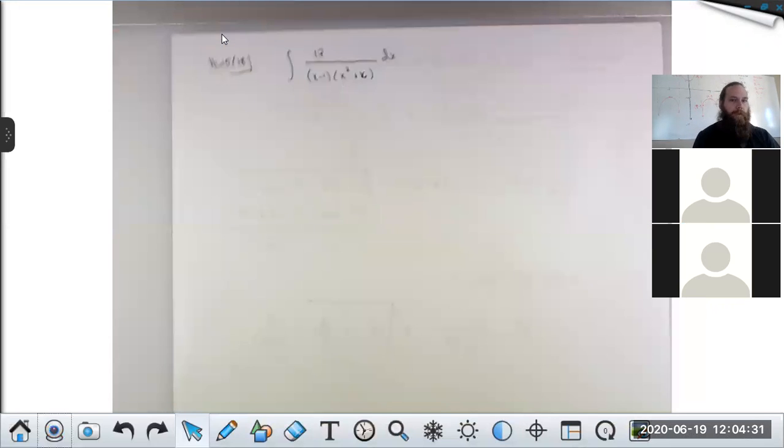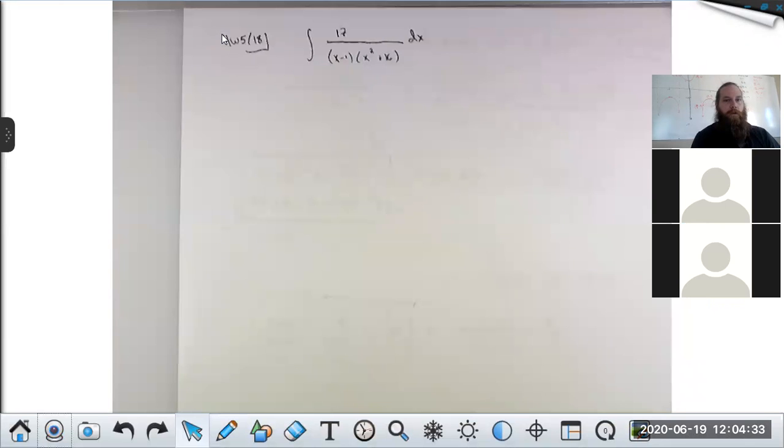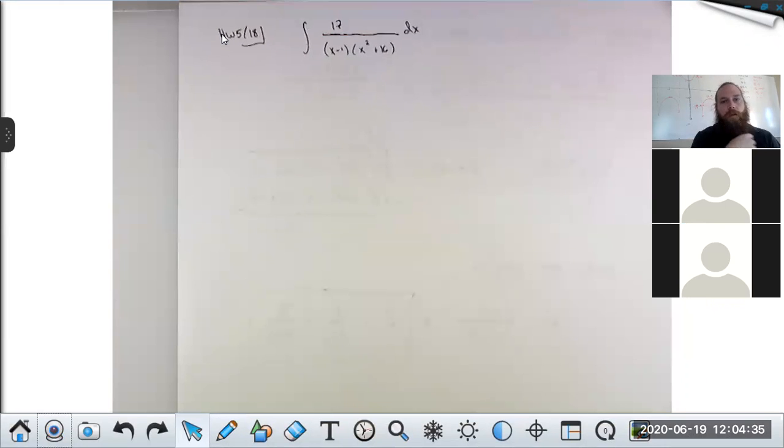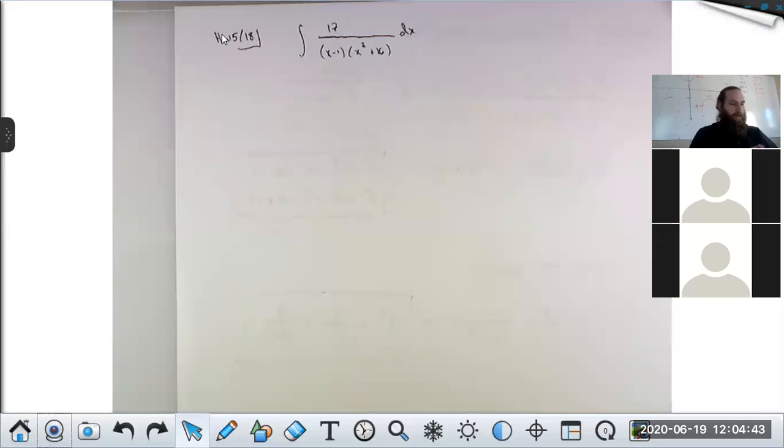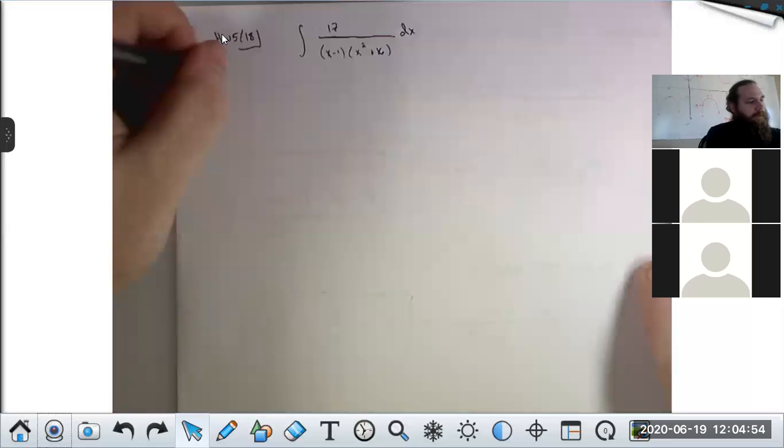All right, so like the last guy, this is a PFD thing. I do have this irreducible quadratic factor downstairs to contend with, so the PFD setup is slightly more complicated. And the Heaviside trick will not get everything for me, but it will give me a little bit. So I set up my PFD.